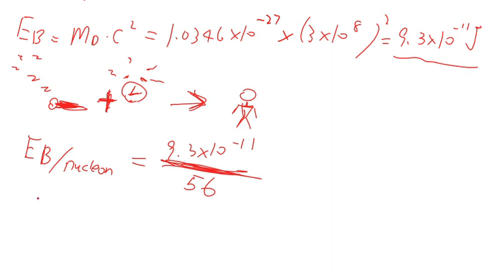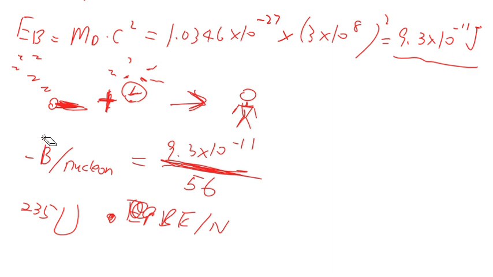And then for uranium 235, it also has this kind of property. And when we calculate, we find out that the binding energy per nucleon, maybe we use BE here, is going to be lower than this one.